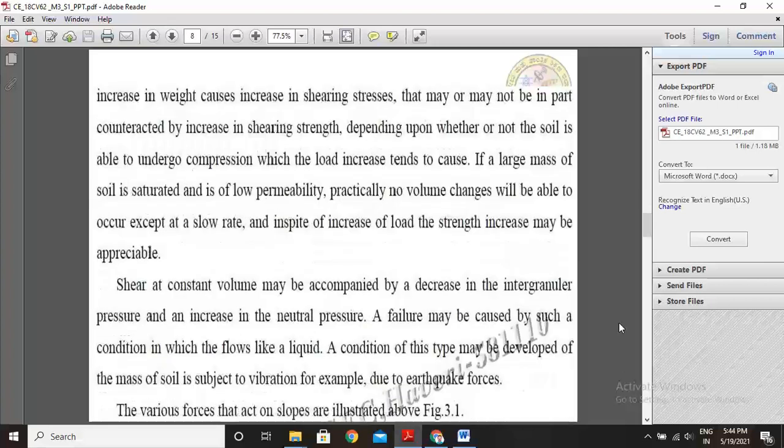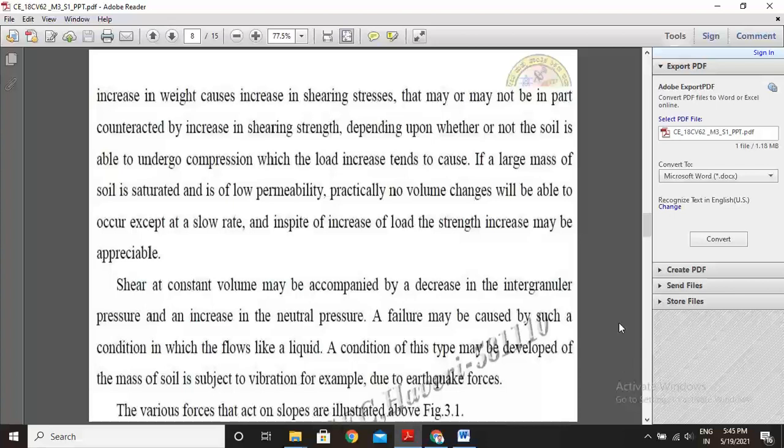This increase in weight causes an increase in shearing stresses that may or may not be in part counteracted by an increase in shearing strength, depending upon whether or not the soil is able to undergo compression, which the load increase tends to cause.